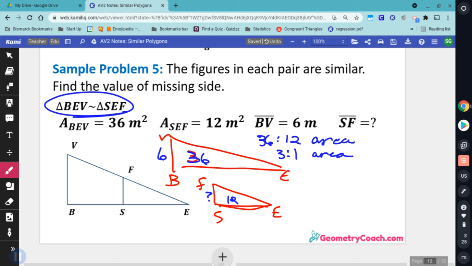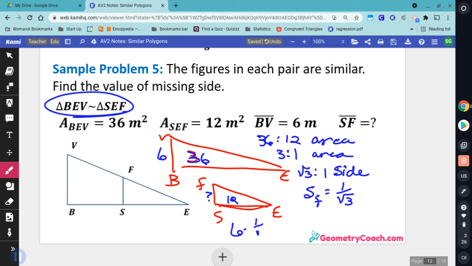Okay, so if we're going to do sides, we've got to do square root of that. So it's actually going to be root 3 to 1. Which means our scale factor is that kind of flipped, 1 over the square root of 3. So if we're trying to find the side length of the smaller one, I needed to multiply by something less than 1. So I'm going to do 6 times 1 over root 3 equals my question mark.